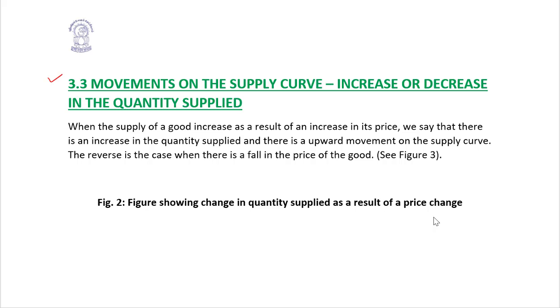When the supply of a good increases as a result of increase in its price, we say that there is an increase in the quantity supplied and there is an upward movement on the supply curve. The reverse is the case when there is a fall in the price of a good. I believe you must have understood.